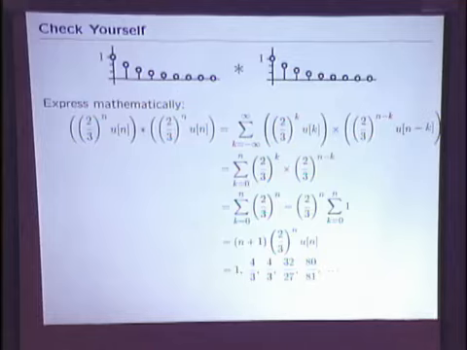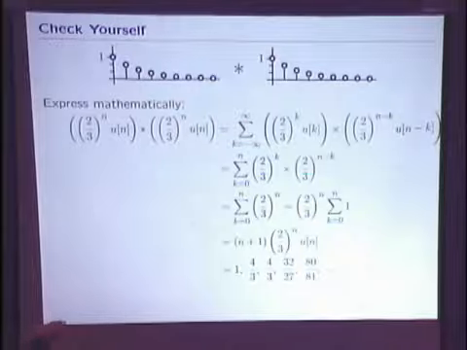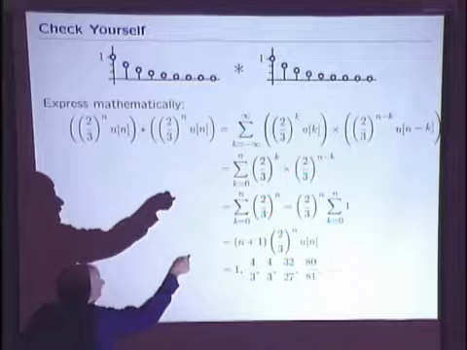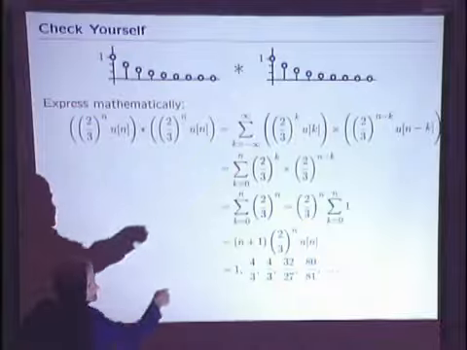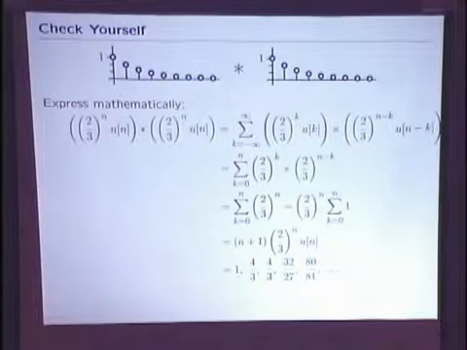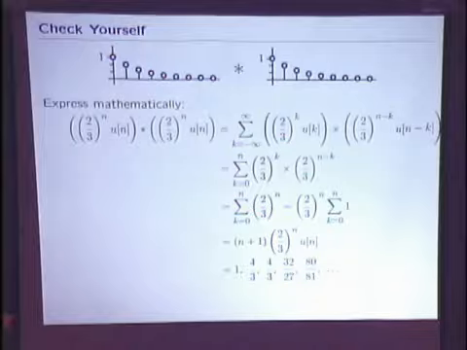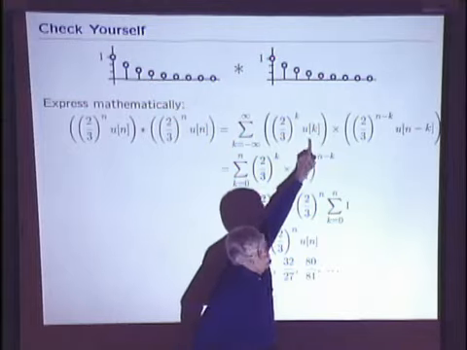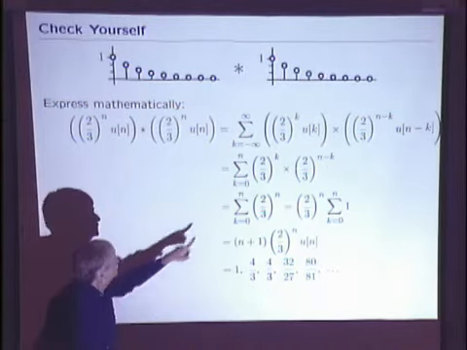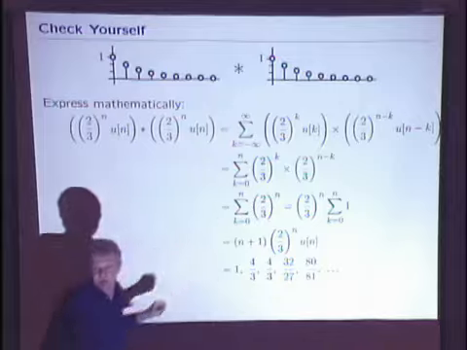The second one, I want to make a function of n minus k. I have to shift both. I have to change the exponent as well as the index into the unit sample signal. Same thing over here. Now when I think about multiplying them, u of k kills all the terms for k less than 0. So I can start at 0 instead of minus infinity.